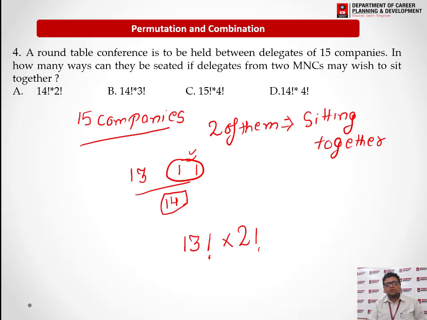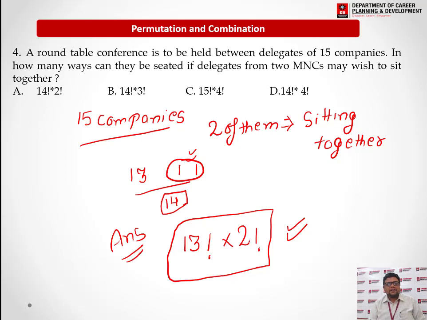So it will be 13 factorial multiplied by 2 factorial. This will be our final answer for arranging them at a round table conference.